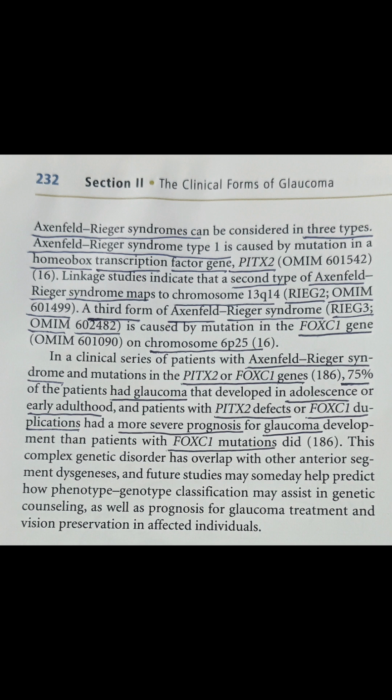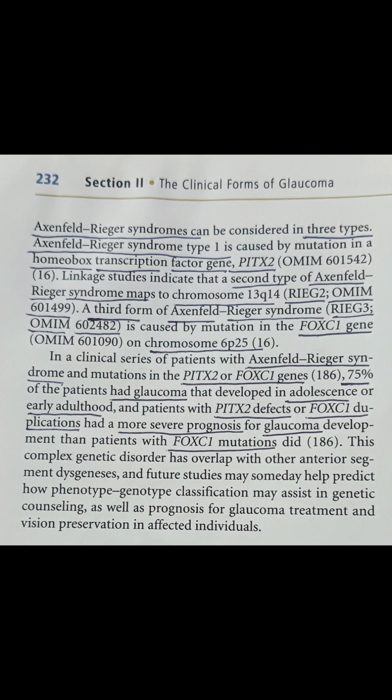In a clinical series of patients with Axenfeld-Rieger syndrome and mutations in the PITX2 or FOXC1 genes, 75% of the patients had glaucoma that developed in adolescence or early adulthood, and patients with PITX2 defects or FOXC1 duplications had a more severe prognosis for glaucoma development than patients with FOXC1 mutations did.